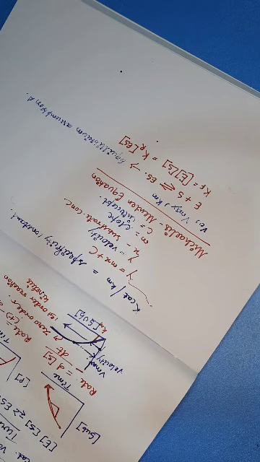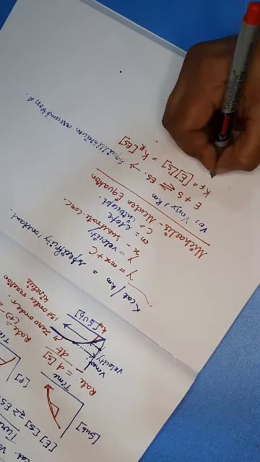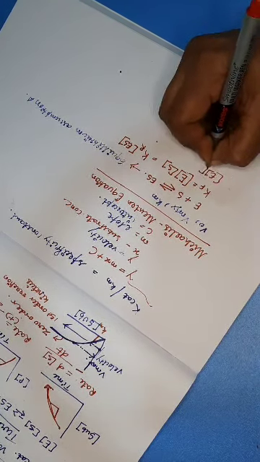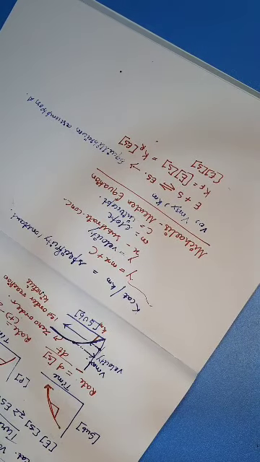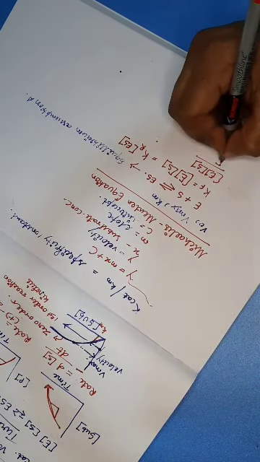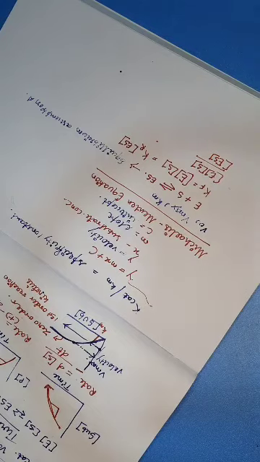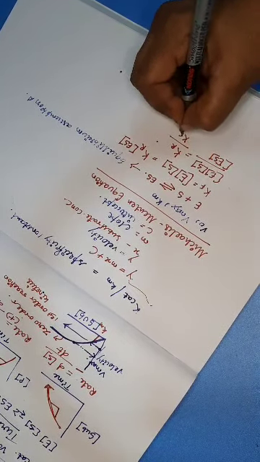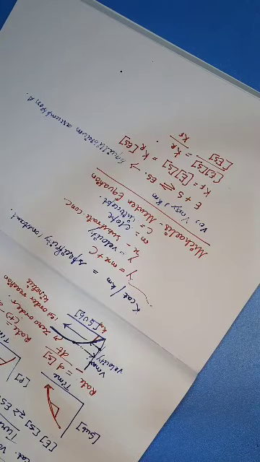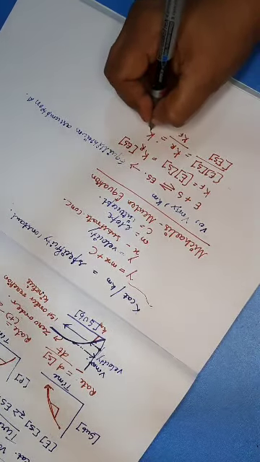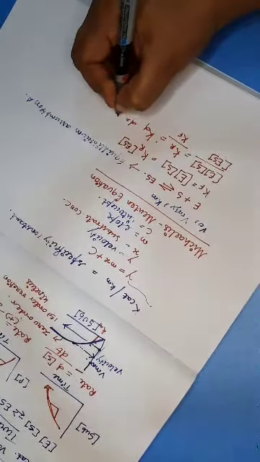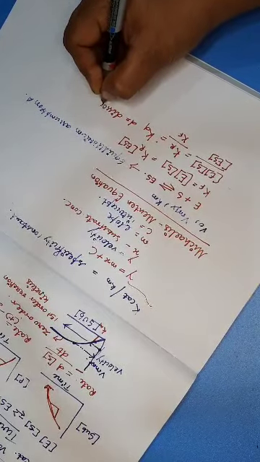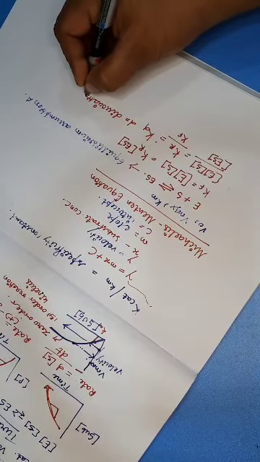The concentration of enzyme times the concentration of substrate divided by the concentration of enzyme substrate complex is equal to Kr by Kf, K reversible by K forward. And this can be written as Kd, where D represents the dissociation constant.